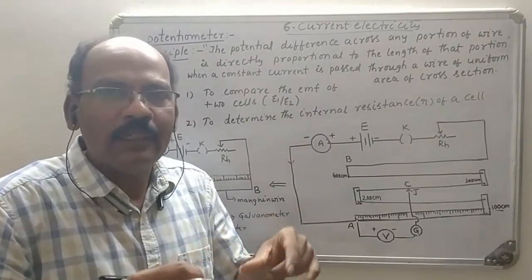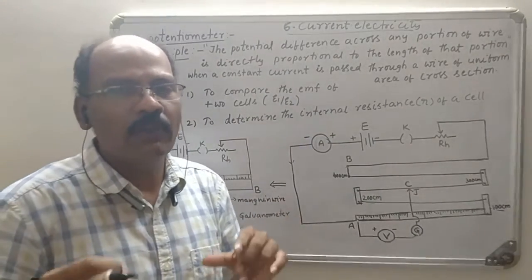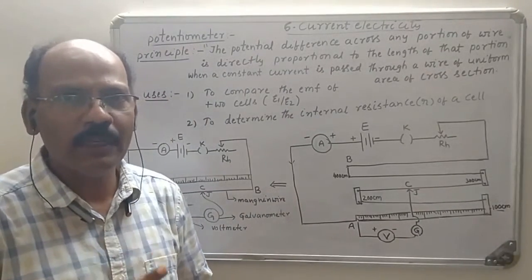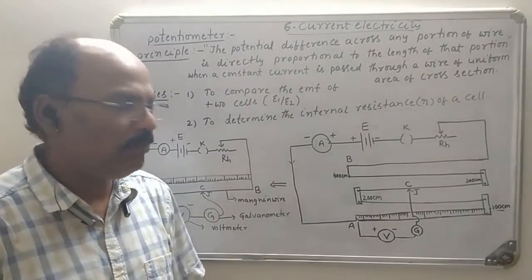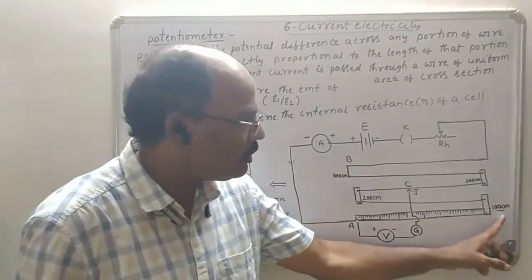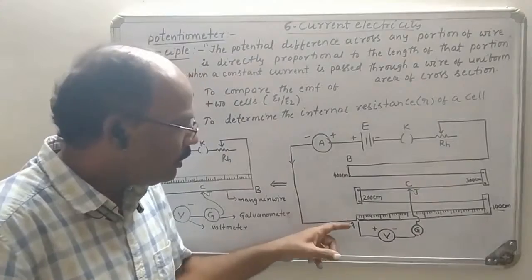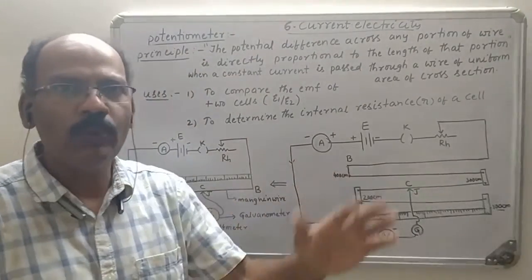So the number of segments of wire of uniform area of cross section, each of length 1 meter or 100 centimeters, is fixed between the two end points A and B on the wooden board.